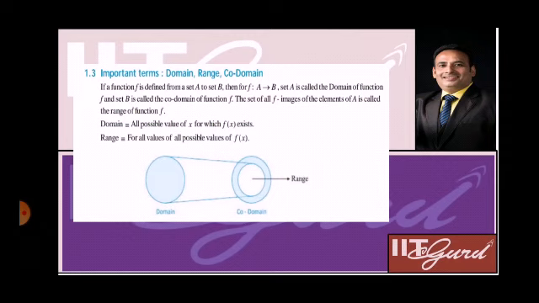As we have discussed about range and domain, for a particular domain, if some outcome is not there, then we can't say that the function exists.